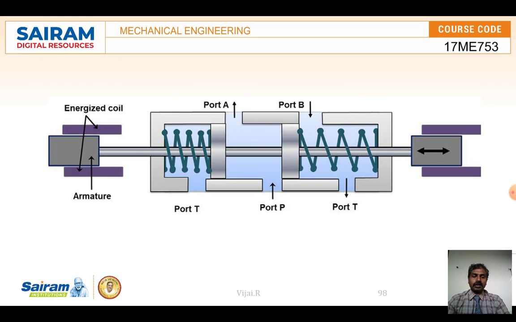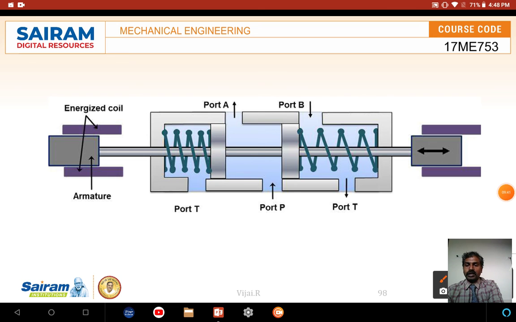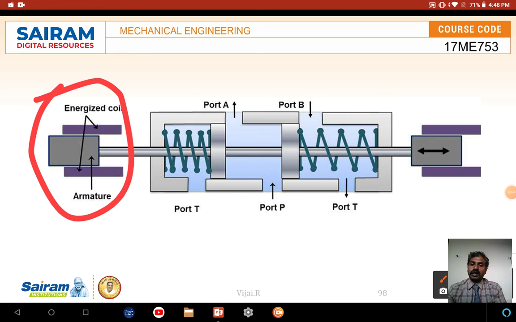Here we can see the solenoid attached to the spool at either end. The armature and the energized coil produce a magnetic field which can move the spool in either direction.